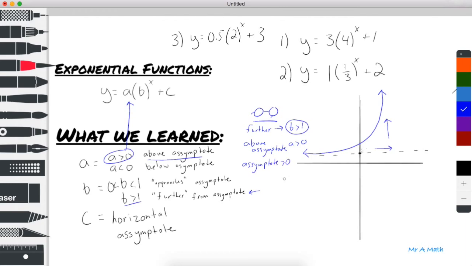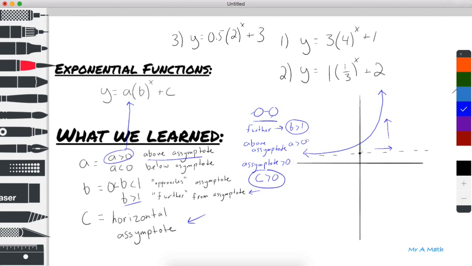It's greater than 0, which means my c also has to be greater than 0. Because if my horizontal asymptote is 1, for example, then c is 1. If my horizontal asymptote is -2, then c is -2. So since my horizontal asymptote is positive, not knowing what number it is, I also know that c is positive.